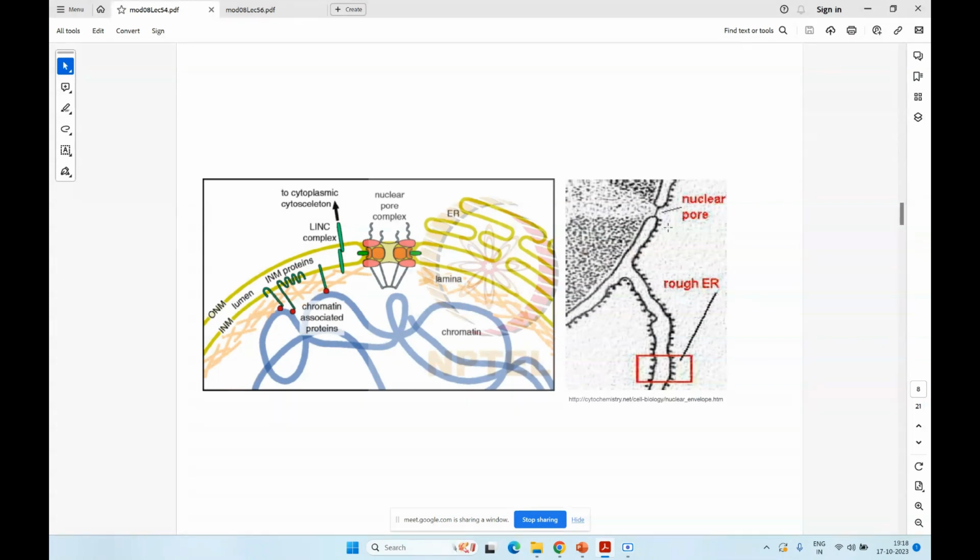This is an EM that basically shows that the nuclear envelope merges into the rough ER, and ribosomes are present in both the nuclear envelope and the ER.